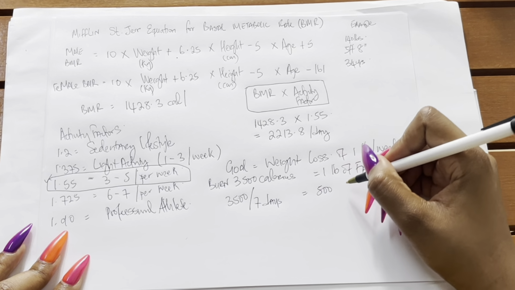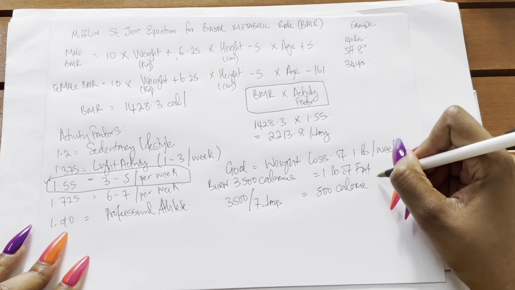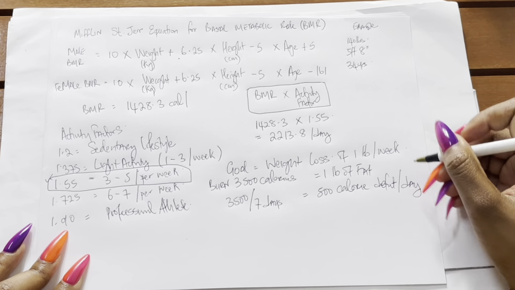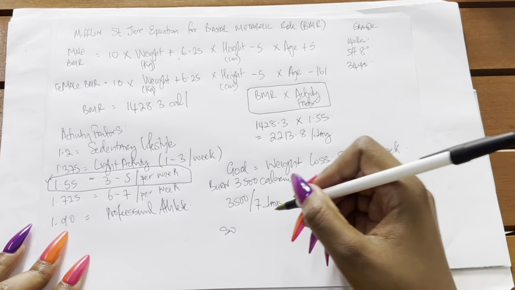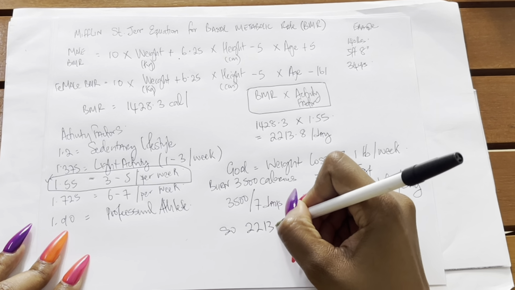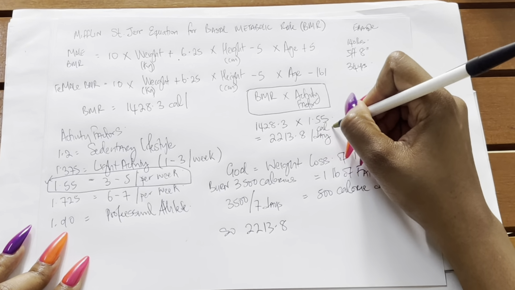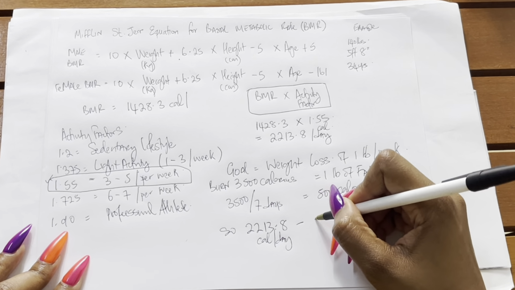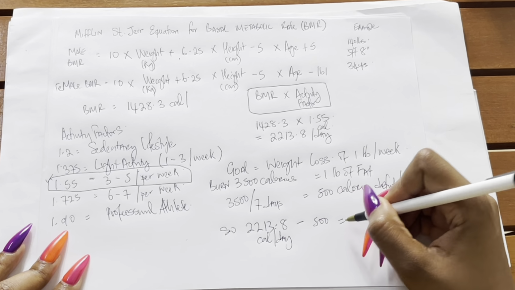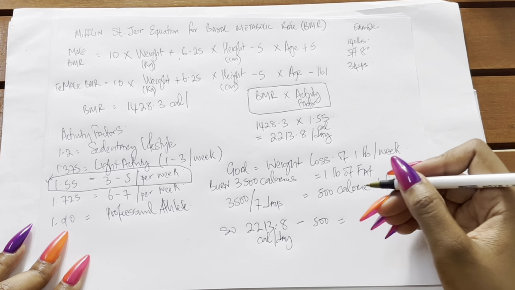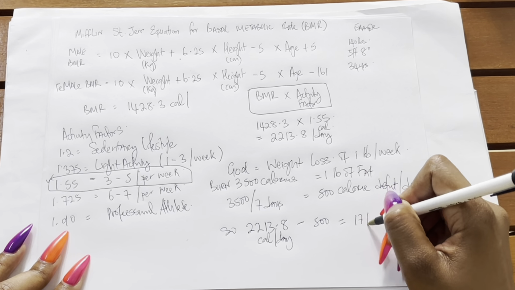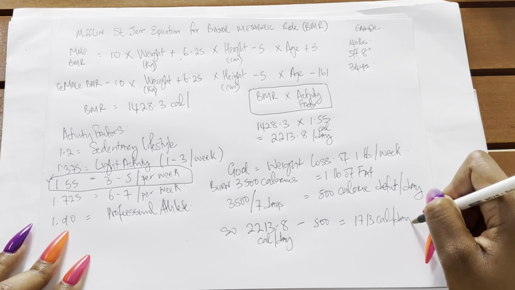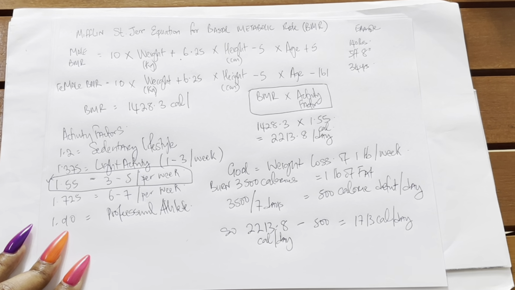That 500 calories is the calorie deficit that person would need to be in order to lose a pound per week. So you're going to subtract 500 from the 2,213 calories per day, and when you subtract that, you get 1,713 calories per day. That is that young lady's calorie target in order for her to lose 1 pound per week.